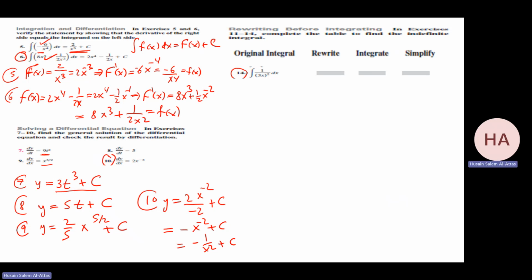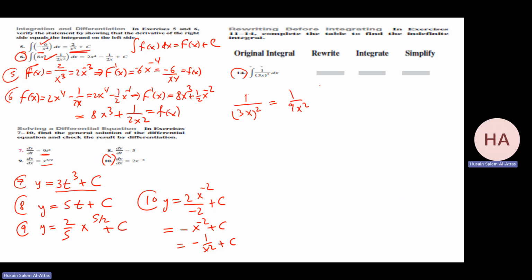This one is just rewrite. So I need to rewrite this one. So this is the integral. Rewrite means I will do it here. If you notice, 1 over (3x) all squared is 1 over 9x squared.